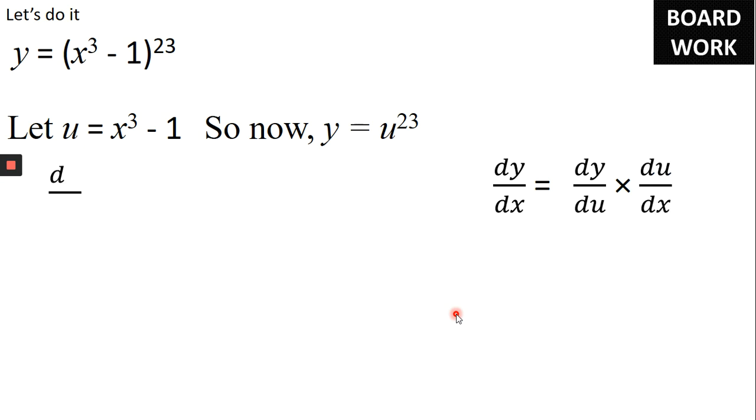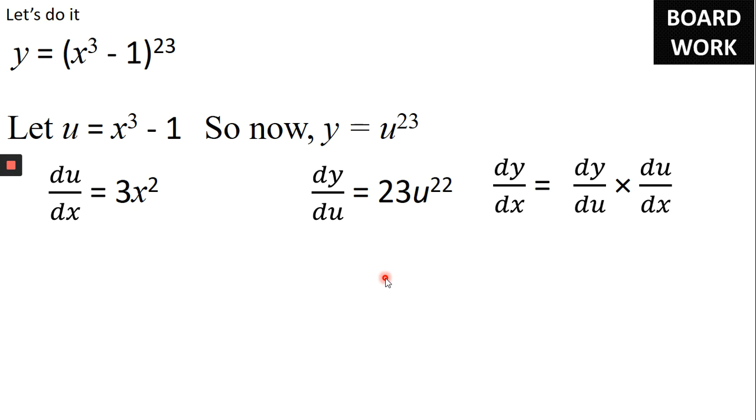So the first thing we've got to do is differentiate the u. So du by dx: take that in front, drop a power, of course that will disappear. And we differentiate this one, dy by du, 23u to the 22. So now we've got this, and we've got this, so we can just put those together: 23u to the 22 times 3x squared.